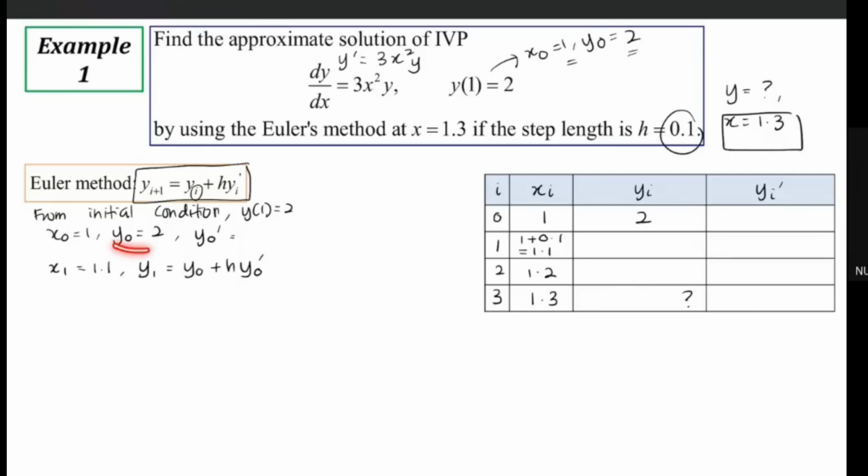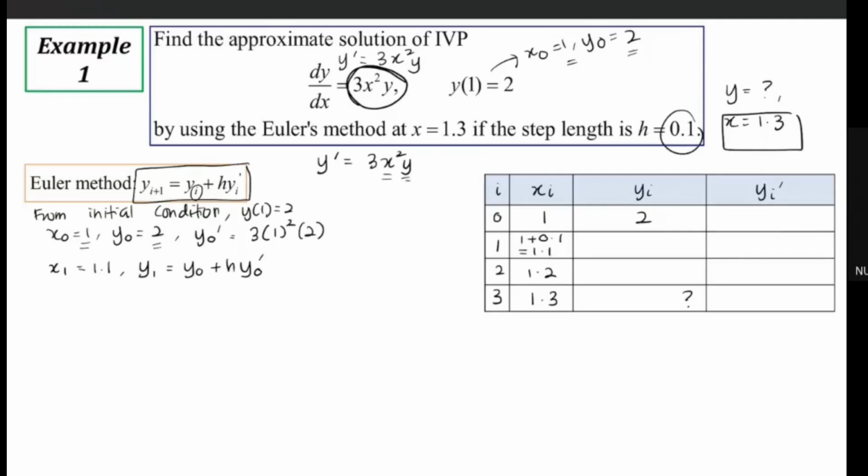Okay, we already have y naught, then you must find y naught prime. Y prime is from the question: y prime equal to 3x squared y. So substitute: x is 1, 1 squared, y is 2. Can you solve?